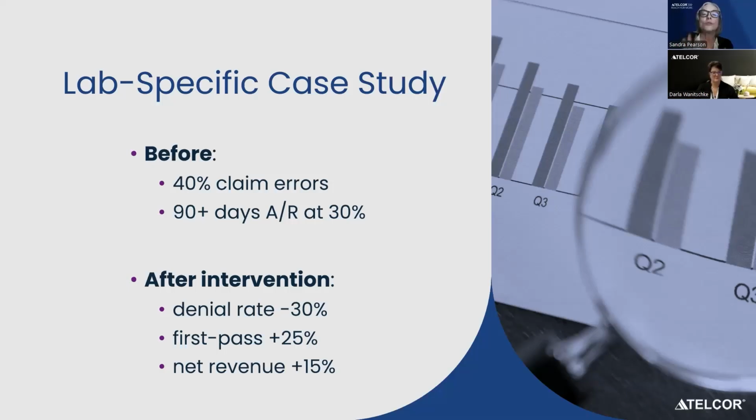You expect a certain amount of your claims to get denied on the first pass. And on our first pass claims, 25% more of those were paying on the first pass. That's huge. That's money in the bank, right? And then our net revenue as a result increased by 15%.